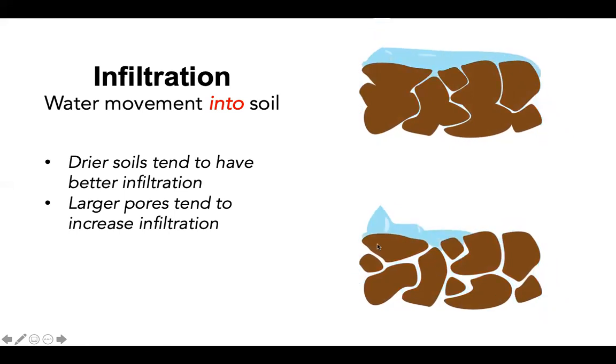However, when we have these larger pores, you can see that more water can flow into those more quickly, and it has the ability to get further down within those aggregates. So this is a demonstration of how porosity, and specifically the size of the pores, can essentially increase infiltration.